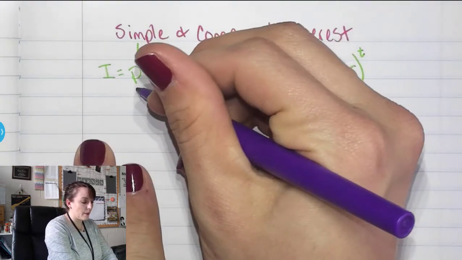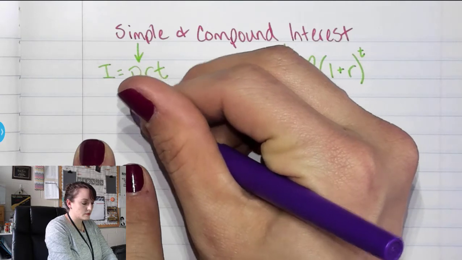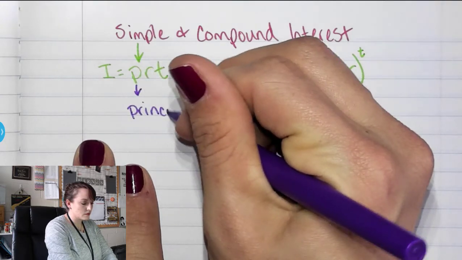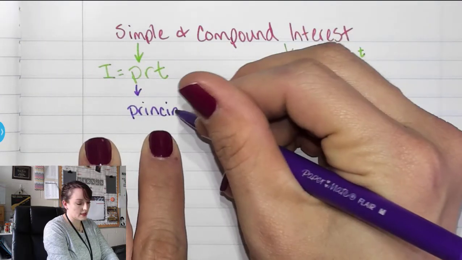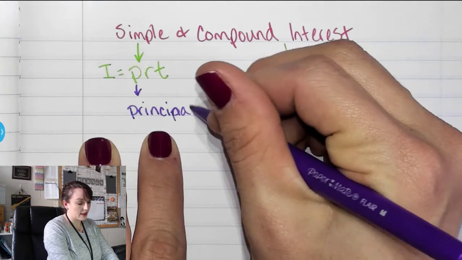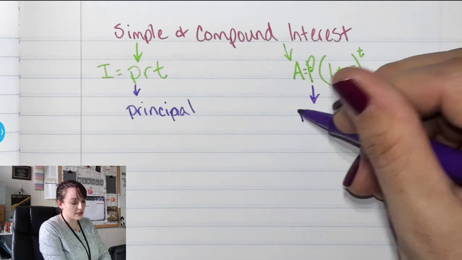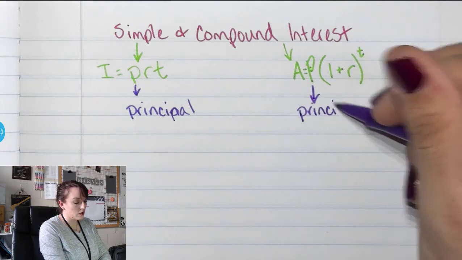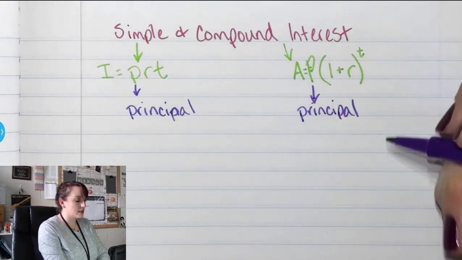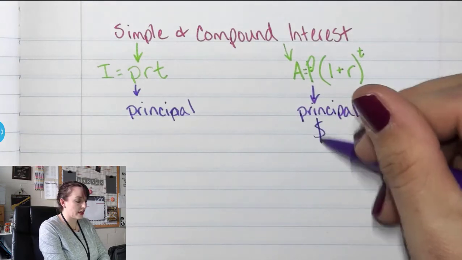P stands for principal. I need to slow down. I'm making mistakes. P is principal. This is the money you borrow or the money you invest. This is your starting money.